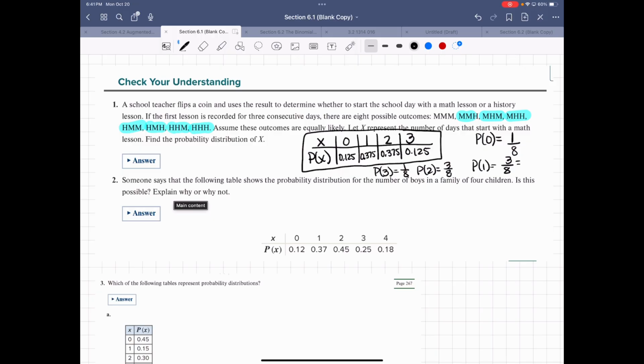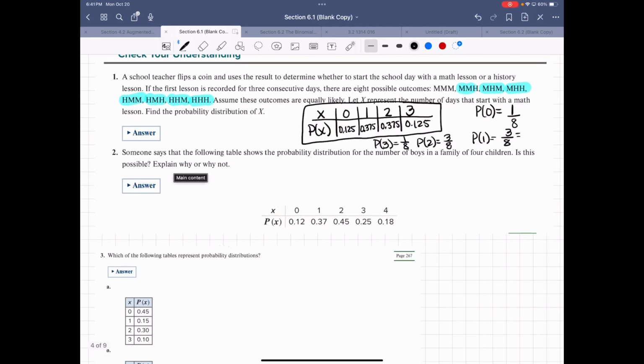Okay? Let's look at 2. Someone says that the following table shows the probability distribution for the number of boys in a family of 4 children. Is this possible? Well, I'm not worried about the scenario of the problem. I'm looking at this table.